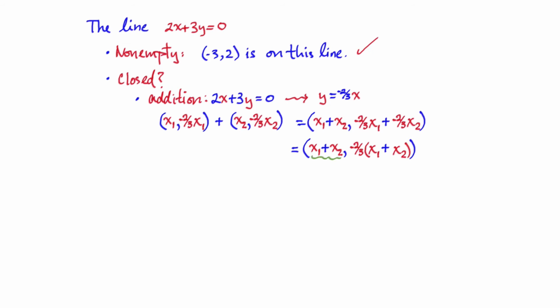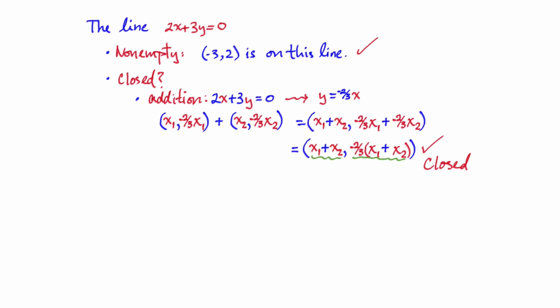And now we can see our first coordinate is x1 plus x2, and our second coordinate is -2/3 times the first coordinate. So that satisfies the equation. So this line is closed under addition.